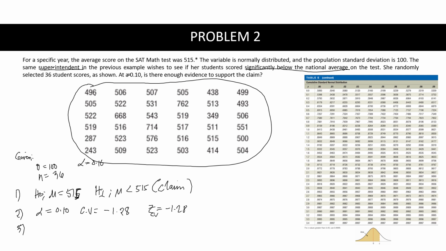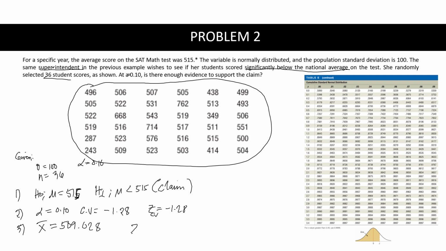Just add all of these and divide by the number, our n here, which is 36 student scores. So using our calculator, we add 496, 555, 522, 519, and so on, divided by 36. The result of this is 509.028. So that is our mean.